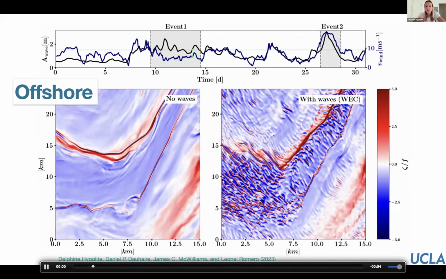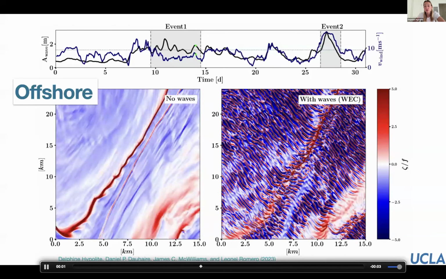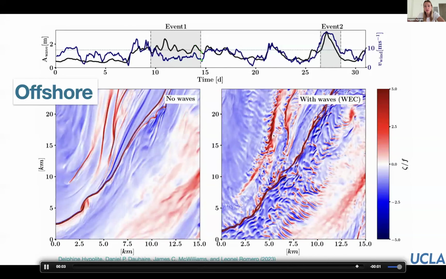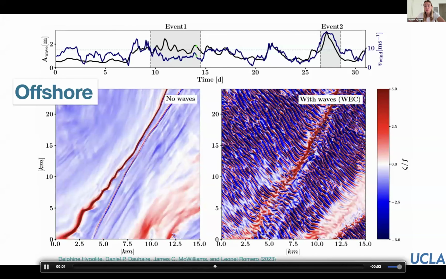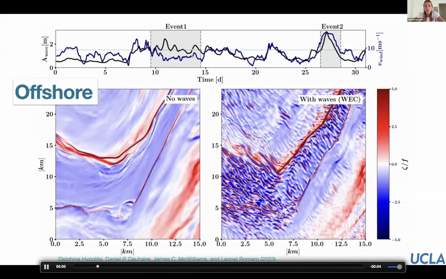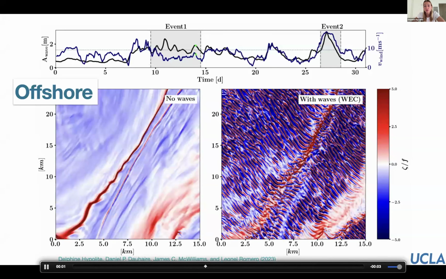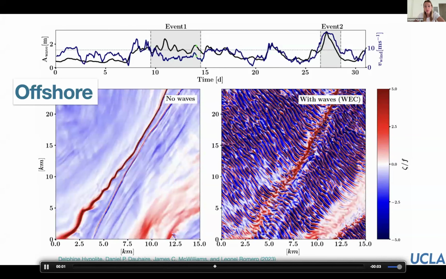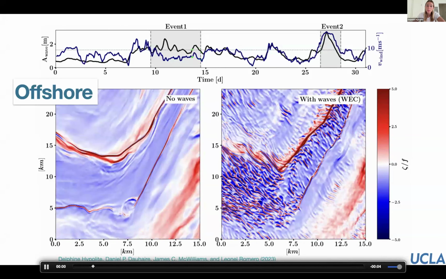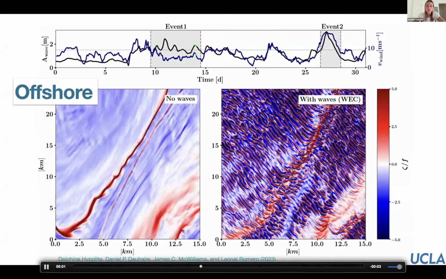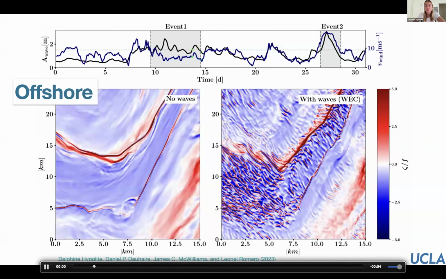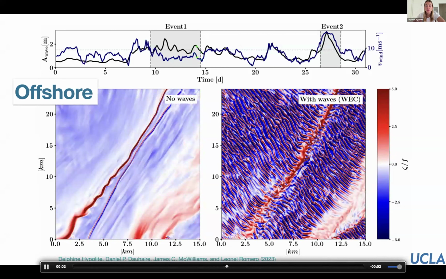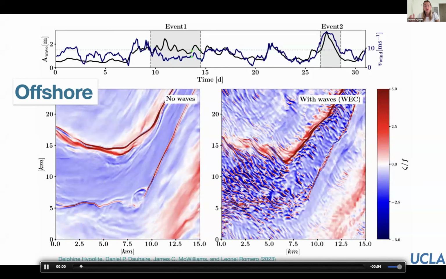The Langmuir turbulence is interesting because, as you can see, first of all, it clearly interacts with the submesoscales. There's a lot of things that we can analyze, like how, for instance, the frontogenesis will be impacted, the life cycle of any fronts and filaments will be impacted by those. But the first thing that I've noticed and I want you to remember with them is that they are associated with extremely large vertical velocities.